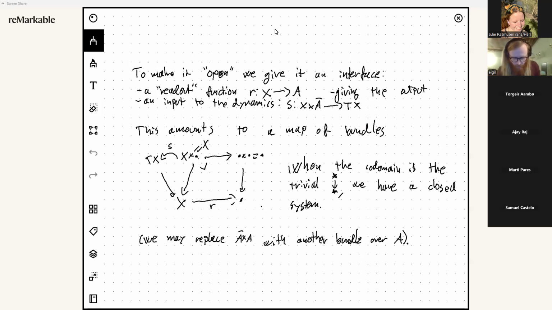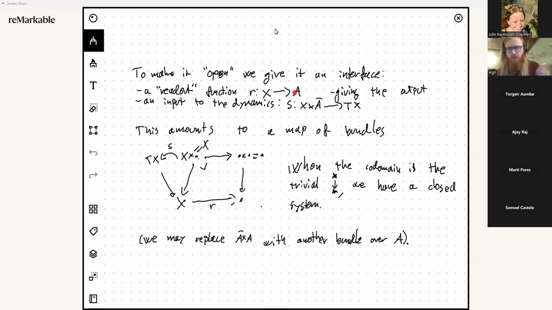First, this is not super important, but I want to equip it with a readout function or output function, so that every point in the space is associated with some output of the system. So there's some function r from x to a, and a should be another smooth manifold, and r should be a smooth function.